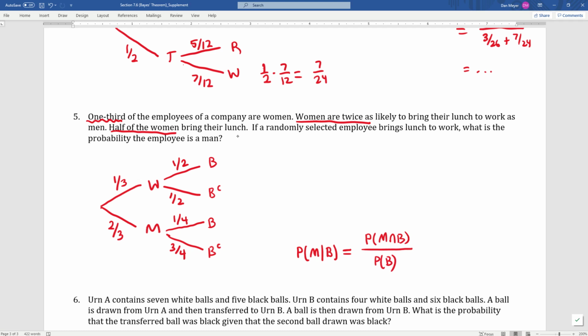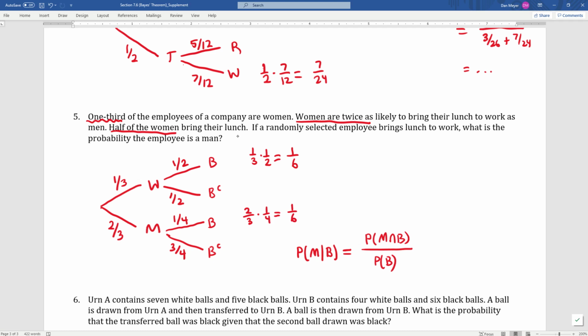The women who brought their lunch, let's see, 1/3 times 1/2 is 1/6. So there's a 1 in 6 chance that a randomly selected employee is a woman who brought their lunch, and 2/3 times 1/4 gives a 1/6 chance that a randomly selected employee is a man who brought their lunch.